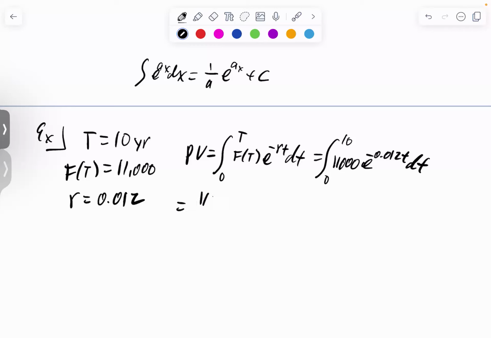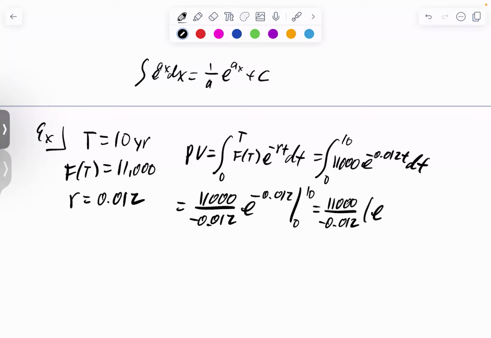So I'm going to get 11,000 over negative 0.012 e to the negative 0.012t from 0 to 10. All right, remember e to the 0 power is 1. It's not 0, so the whole thing doesn't just go away, unfortunately. This becomes e to the negative. Now 10 times 0.012 is just 0.12.